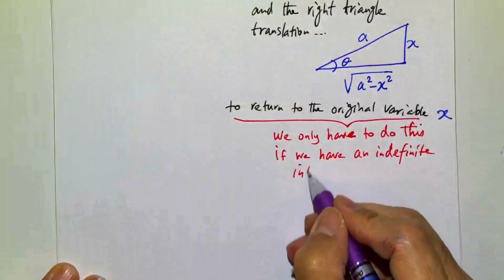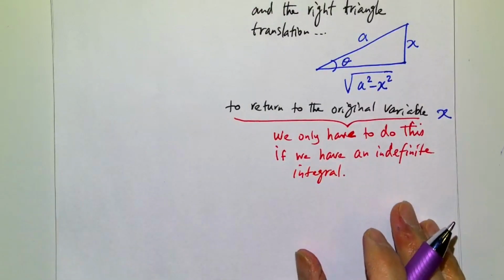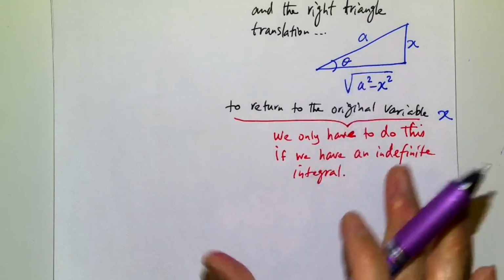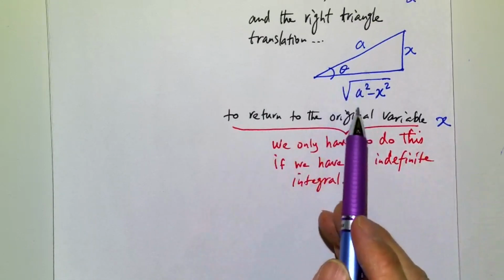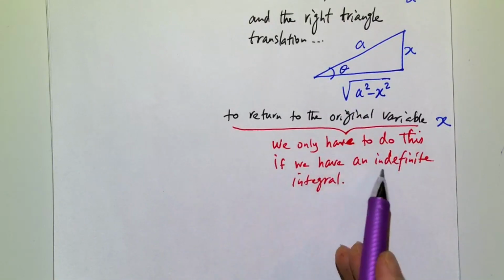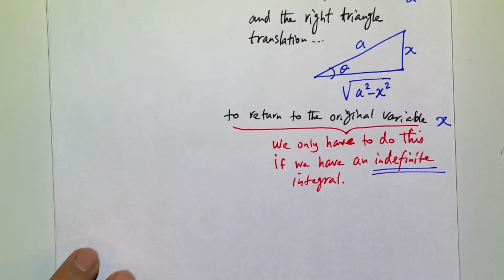An indefinite integral. Remember, if you have a definite integral, you simply have to recalculate the limits of integration, and you don't have to go back to the original variable. We'll have to use the right triangle to go back to the original variable x only if we have an indefinite integral.